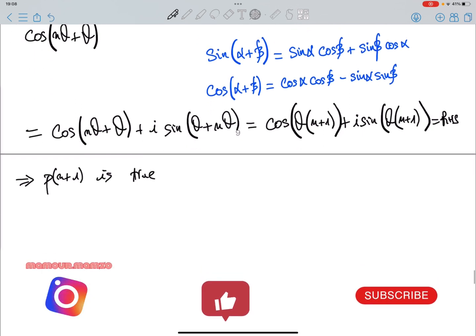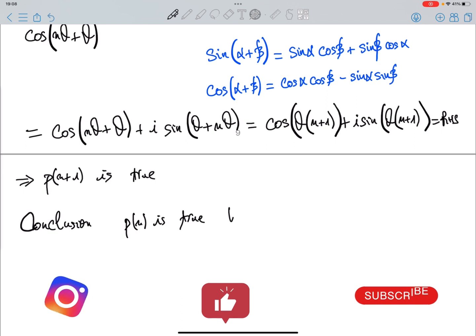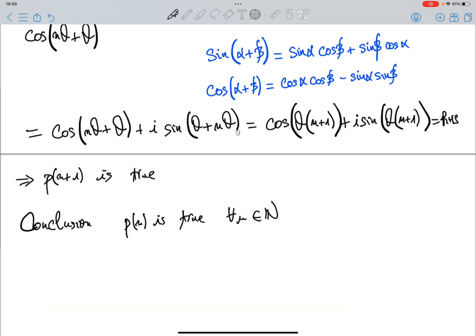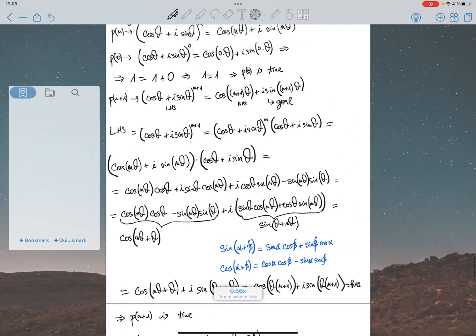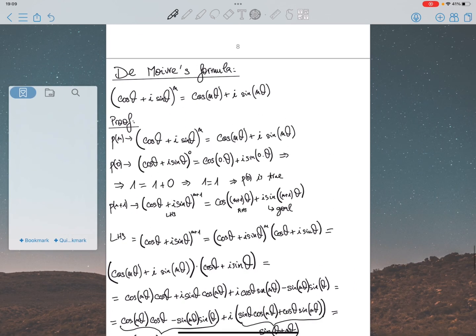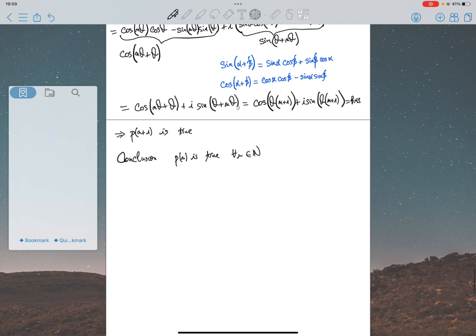So we can conclude that P(n) is true. Basically we have proven de Moivre's formula. So this is proven.